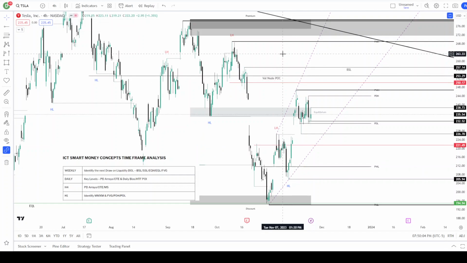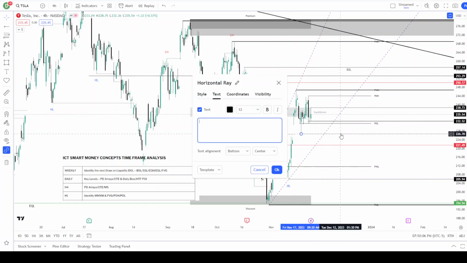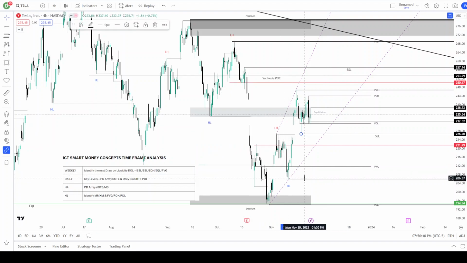Okay, so we got buy side liquidity, this one here, sell side liquidity. All right, and then again, we have our ranges here. This is Friday's. We got our Wednesday range. We got our previous week range, which would have been the week before last week. And then we have our previous month high and low.